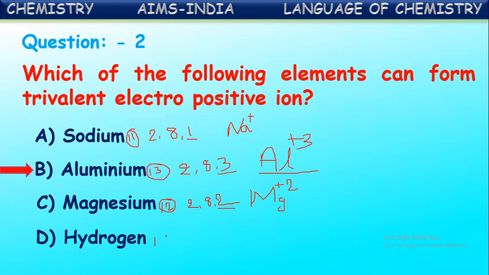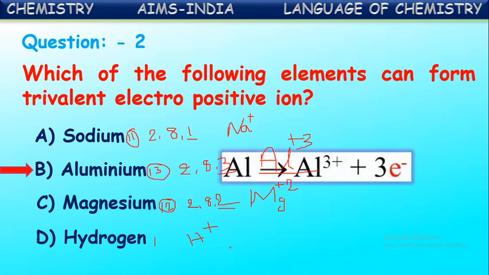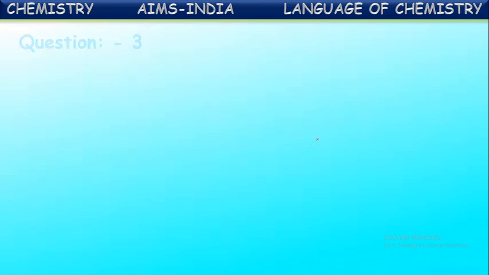So it can lose only that one electron and forms an H plus ion, monovalent electropositive. So the only element among these which can form a trivalent electropositive ion is aluminium. In this way, aluminium loses 3 electrons and forms Al plus 3 ion, a trivalent electropositive ion. Okay, next question.